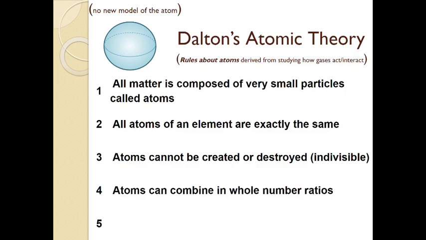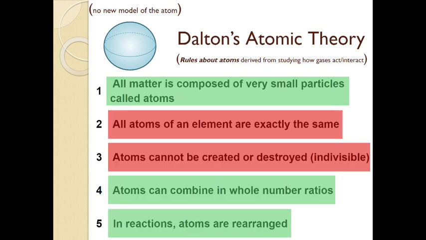Atoms combine in whole number ratios, like H2O is 2 H's and 1 O, not H2.5, O 1.2. It's always going to be whole number ratios that they combine in. And in reactions, atoms only rearrange. They're not created or destroyed, coming back to that number 3. They just separate from each other and combine back in different places. And Mr. Dalton was actually pretty close to correct on 3 out of these 5 rules.